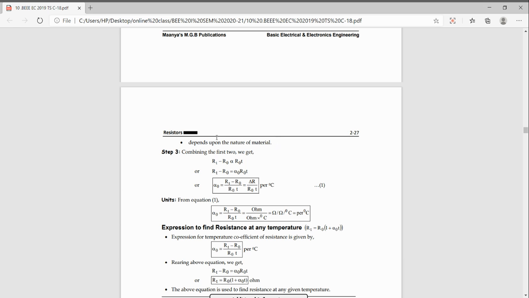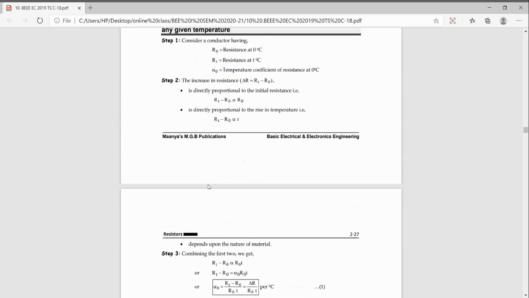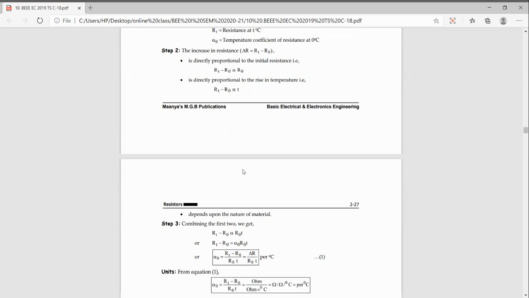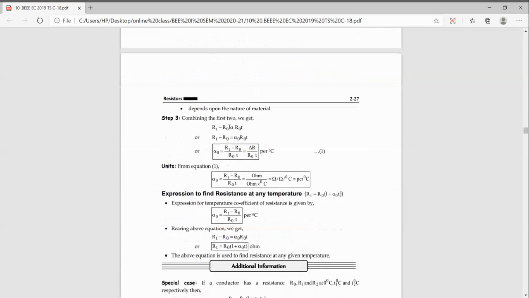So combining these, we get RT minus R naught is directly proportional to R naught into T.